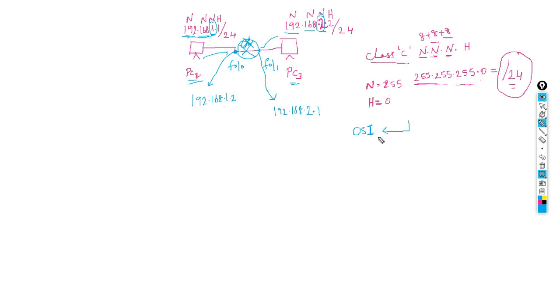The OSI model has 7 layers. We need to remember that a router is a device used to make communication between two different networks, and it works on layer 3 of the OSI model.